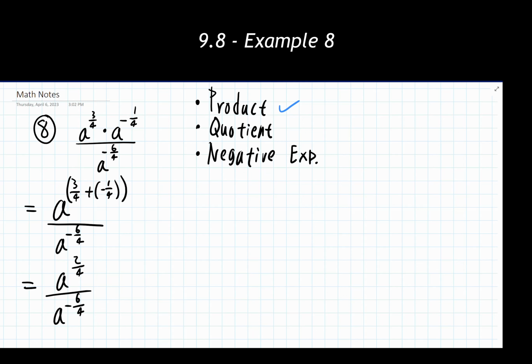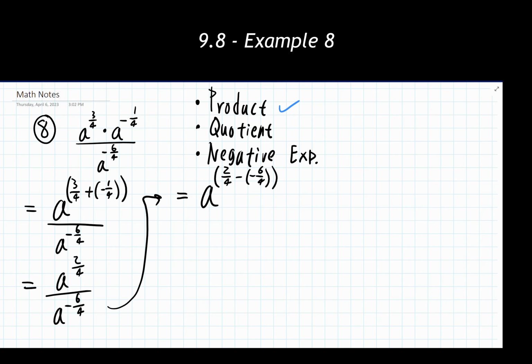So from here, we've done the product rule. Excellent. Let's work with the quotient rule next. The quotient rule states that if two things are dividing and they have the same base, that's the same as saying the exponents are going to subtract from one another. So I have a to the 2/4 minus negative 6/4.